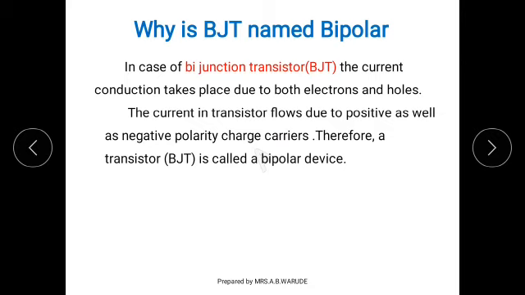Similarly, in PNP transistors, the current is governed by holes as majority charge carriers as well as electrons as minority charge carriers. We know that electrons have negative charge and holes have positive charge, and thus the current in transistor flows due to both positive and negative polarity charge carriers, and therefore the BJT is called a bipolar device. BJT means bipolar junction transistor.